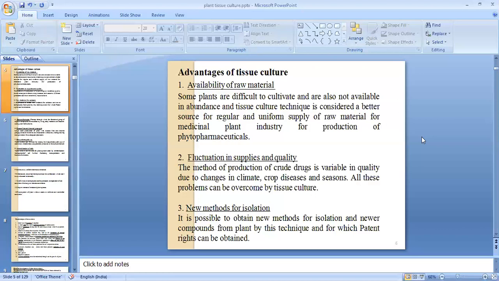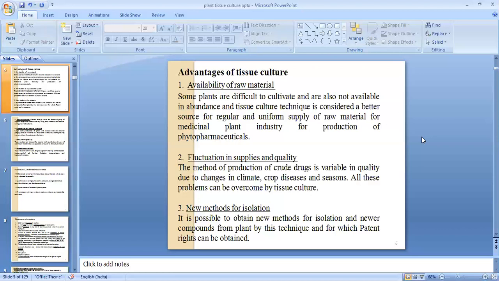That is, the growth of the plant or the production of secondary metabolite is not suppressed by other environmental conditions. Why? Because you are providing everything in a well calculated manner in an artificial medium, so that there is no suppression of the production of secondary metabolite. So whatever quantity the industries require to produce the phytopharmaceuticals, that can be supplied.